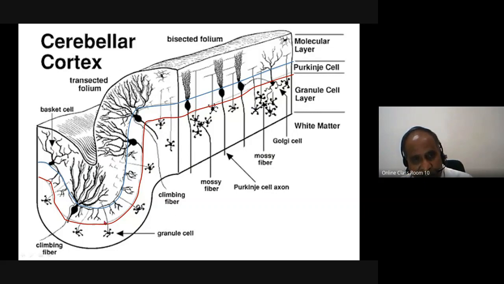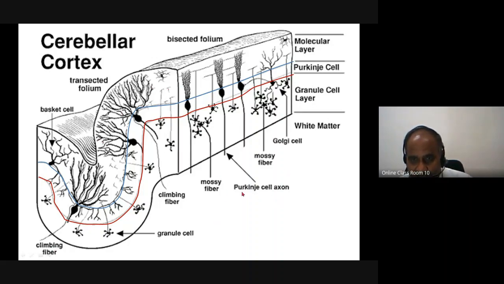Now, another thing, the granule cells I have mentioned. Now these climbing fibers are coming here. This is like a creeper turning around trees. They are going up the Purkinje cell tree. That is the climbing fiber.